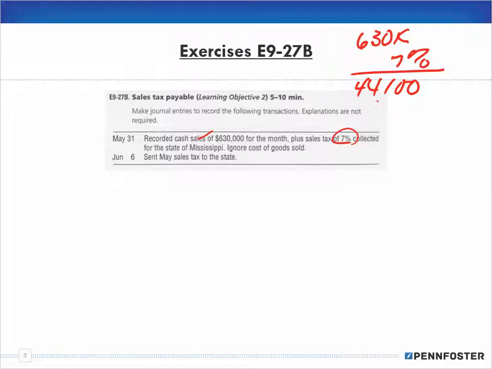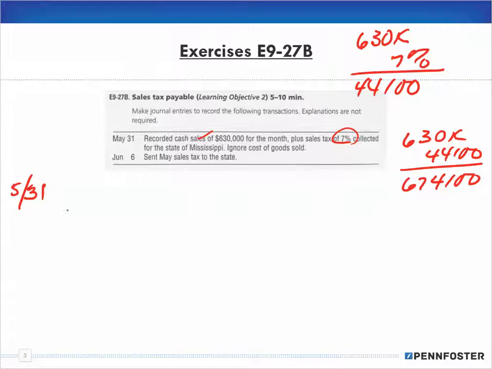And 630,000 plus the 44,100 in sales tax means we collected $674,100 in cash.